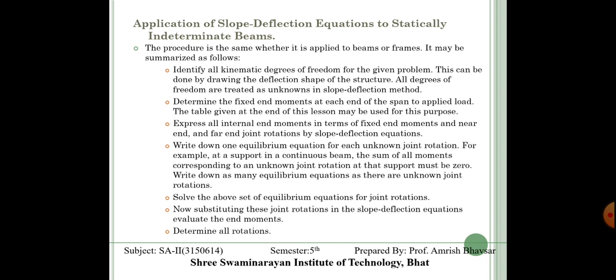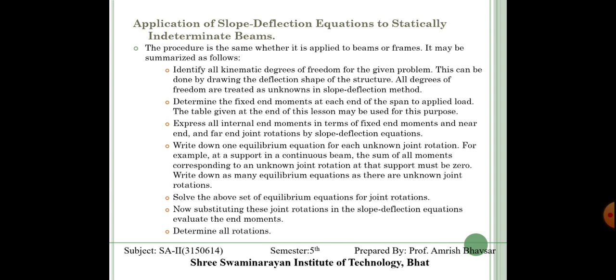Express all the internal end moments in terms of the fixed end moment and the near end and far end joint rotations by the slope deflection equation. Write down the equilibrium equation for each unknown joint.